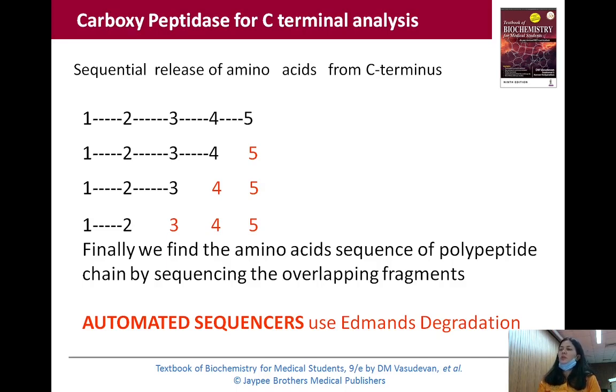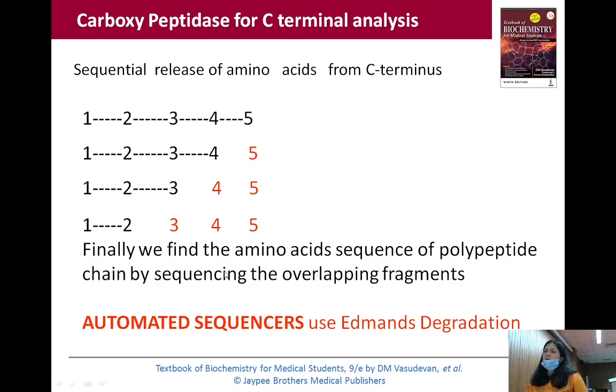Each and every overlapping fragment will have an amino acid sequence, with a carboxy terminal end and an amino terminal end. And then you sequence each and every overlapping fragment either from the N-terminal end or C-terminal end by using different reagents. After that, you will try to elucidate the complete sequence of the protein by seeing the sequence of these overlapping fragments.